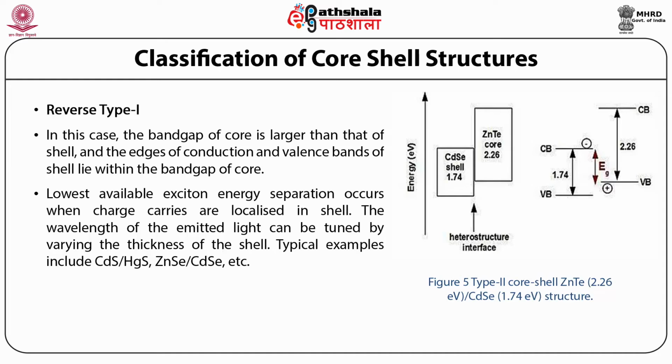The wavelength of emitted light can be tuned by varying the thickness of shell. Typical examples include heterostructures such as cadmium sulfide, mercury sulfide, zinc selenide with cadmium selenide, etc.